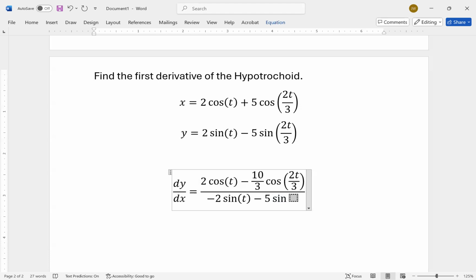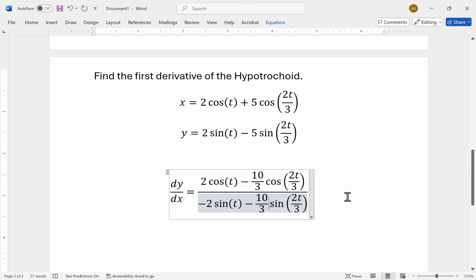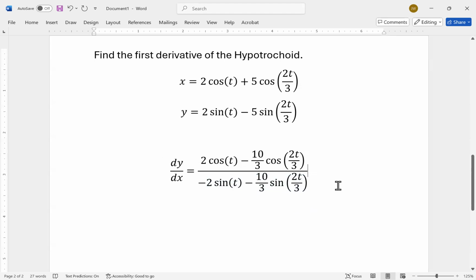Minus 5 sine of 2t over 3 multiplied times the derivative of the inside function, which is 2/3. So 5 times 2/3 gives me 10 over 3. This is the derivative of the hypotrochoid.